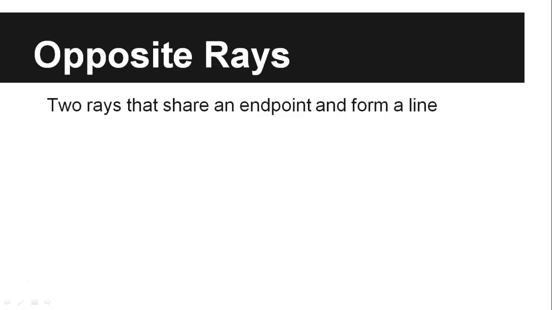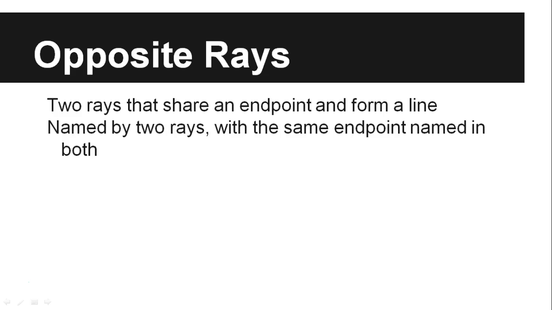And opposite rays are two rays that share an endpoint in the middle and they form a straight line. They continue off in opposite directions. They're named with two different rays, but they have to have the same endpoint as the first piece of those names.